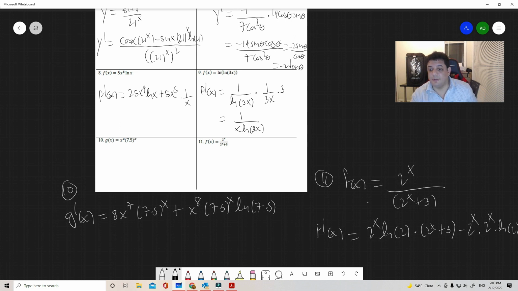Remember the derivative of 2 to the x plus 3 is 2 to the x log of 2 plus 0. So that's what we get, divided by 2 to the x plus 3 squared.